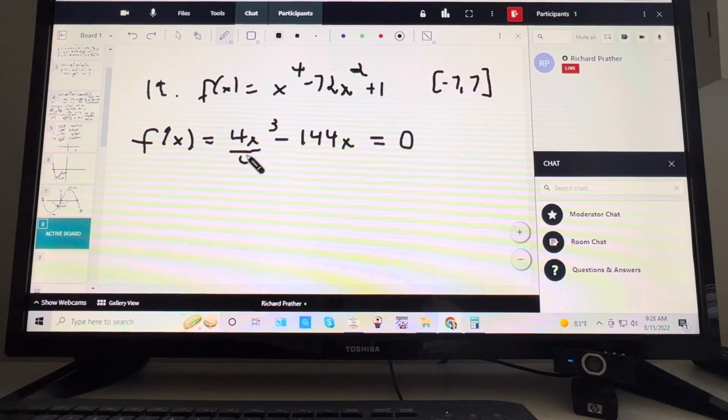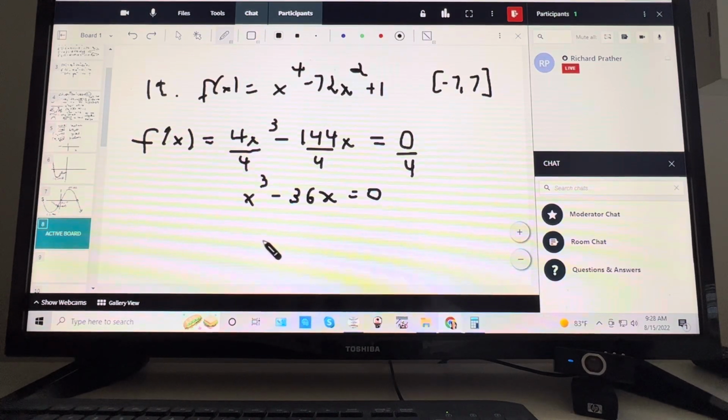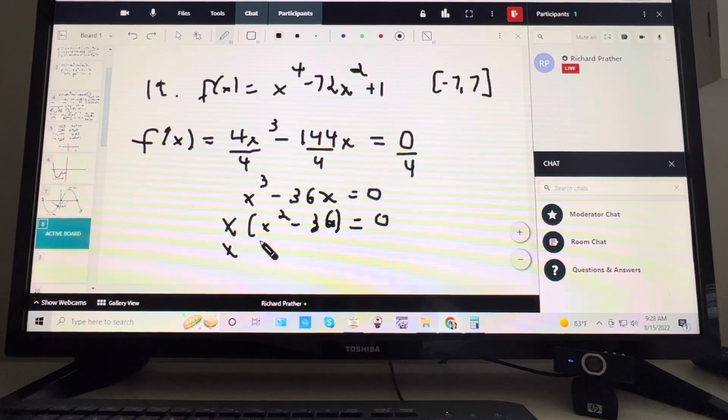And if I divide by 4, that could make things smaller and easier to deal with. 72 over 2 is 36. This has a GCF of x, and that's a difference of squares, x plus 6 and x minus 6.